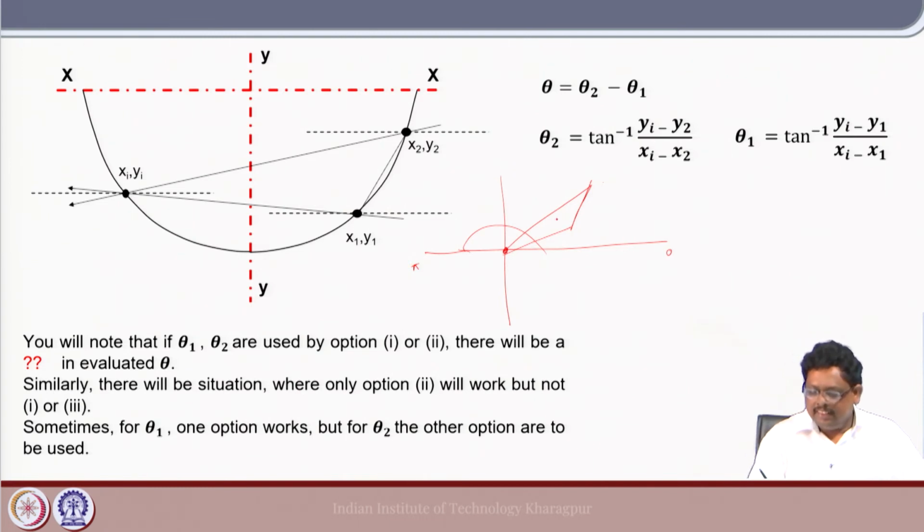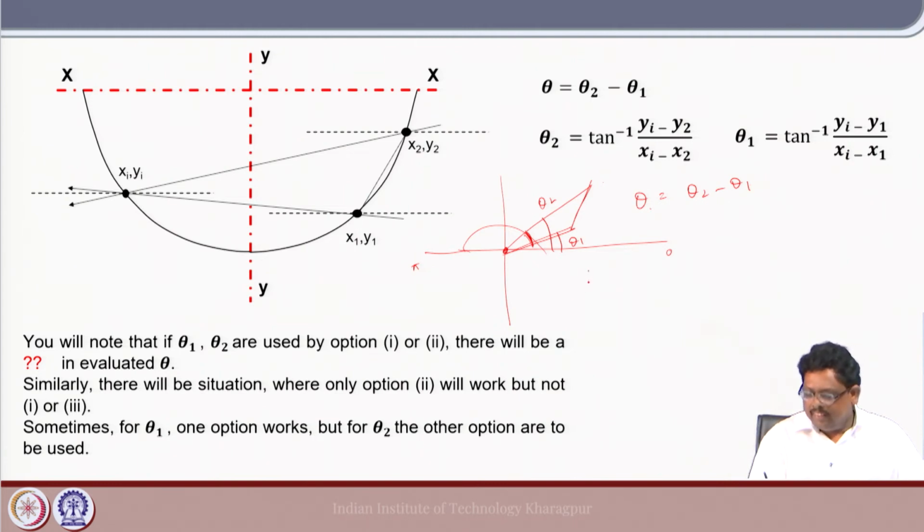Then this angle is theta 2, this angle is theta 1. So, this theta is nothing but theta 2 minus theta 1. This is picture number 1, absolutely fine.